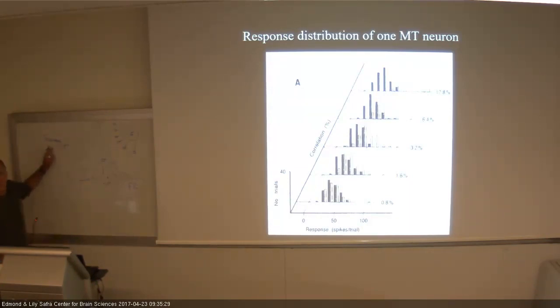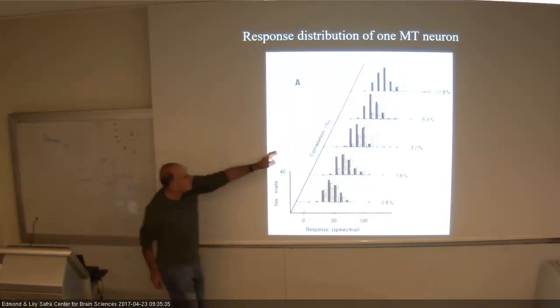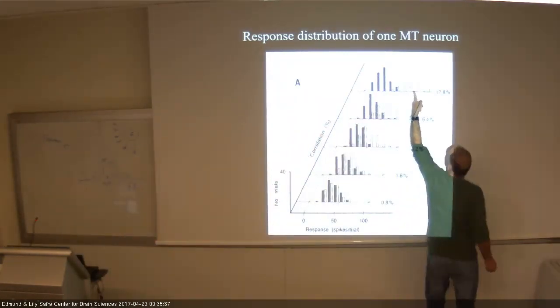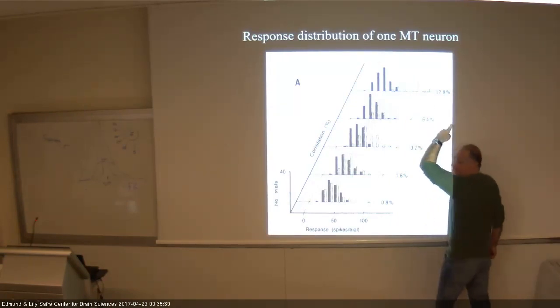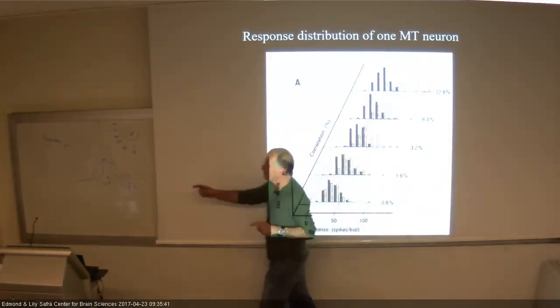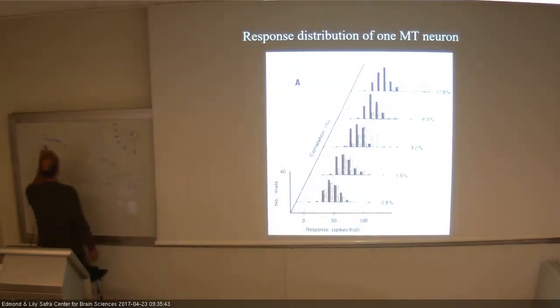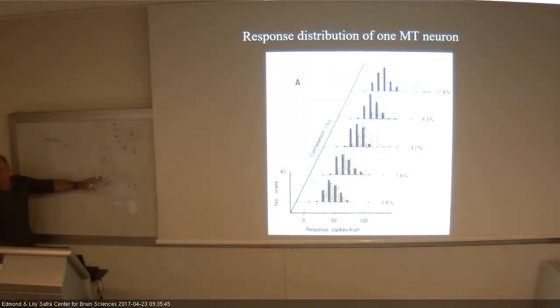When I'm saying frequency, it's in how many cases did it fire X spikes. In some cases it fired X spikes, some cases it fired more. So it's exactly the same as here, okay? That's frequency, the chances of firing X spikes. So indeed, the axes are right.